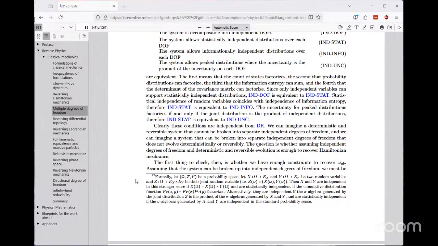Then X and Y are independent in this stronger sense if, on the other hand, they are statistically independent, the cumulative distribution function of Z, F of x and y, is equal to F of x times F of y, so that it factorizes. Alternatively, they are independent if the sigma algebra generated by the joint distribution Z is the product of the sigma algebras generated by X and Y, and they are statistically independent if the sigma algebras generated by X and Y are independent in the standard probability sense.